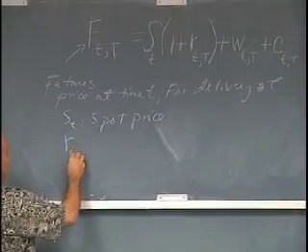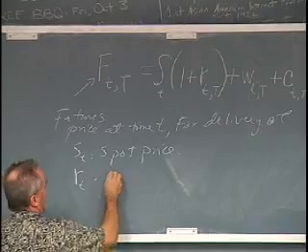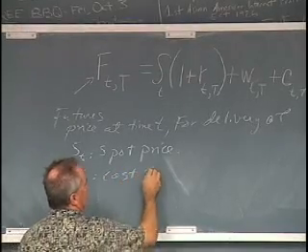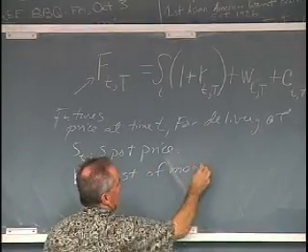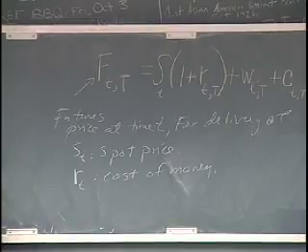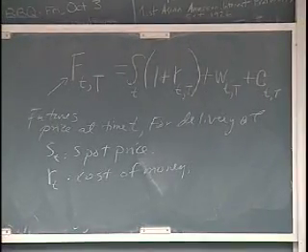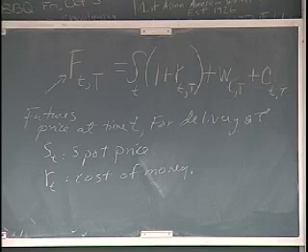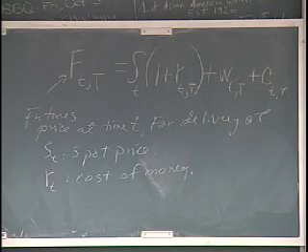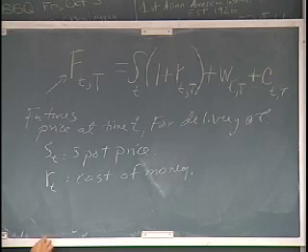R sub t is basically the cost of money. You can view it as the interest rate, because if you're holding the spot commodity, you must buy it, and so your capital is tied up in the inventory, and you can't use that capital elsewhere. So R of t is the cost of money.